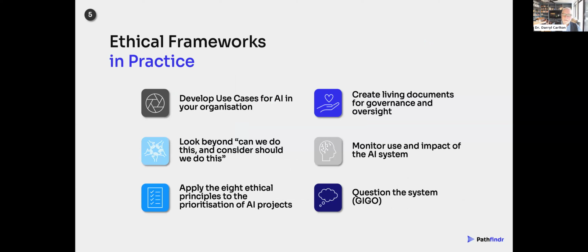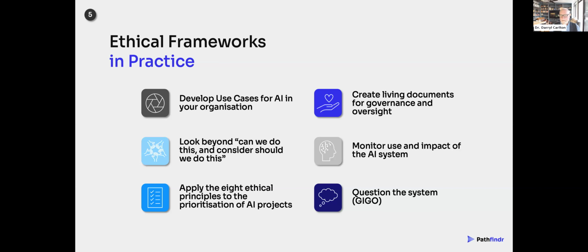What will change is how you apply those principles to the AI solutions that you're deploying in your business. So the use cases. You need to look beyond, can we do this, and consider, should we do this? Apply those 8 principles and create living documents for governance and oversight.